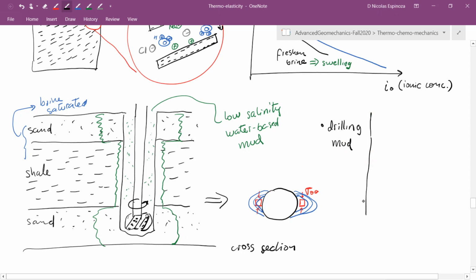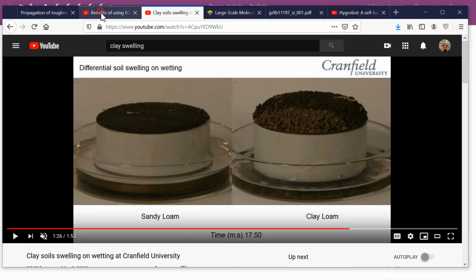And for example, if we were using a water-based mud, the solution would be to increase the salinity of the fluid in the mud. And this is what is done in this animation that we were taking a look at before.